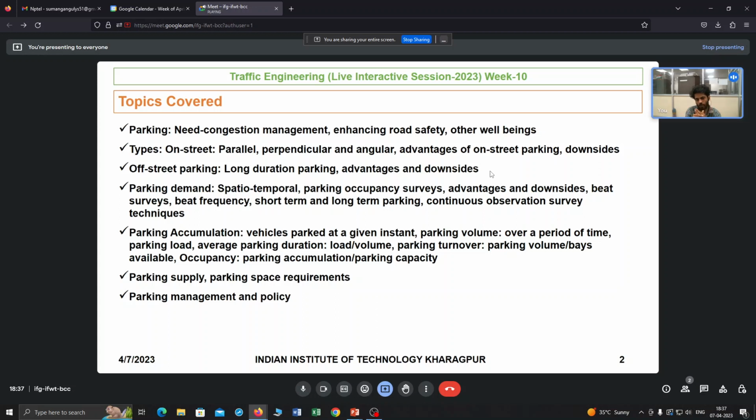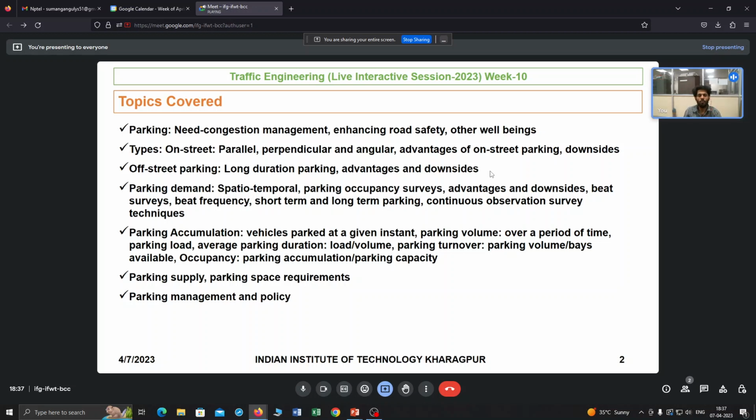So at any instance of time, the number of vehicles parked is parking accumulation. But over a period of time, if we calculate and add it, the total number of vehicles parked is called the parking volume. That is over a period of time.